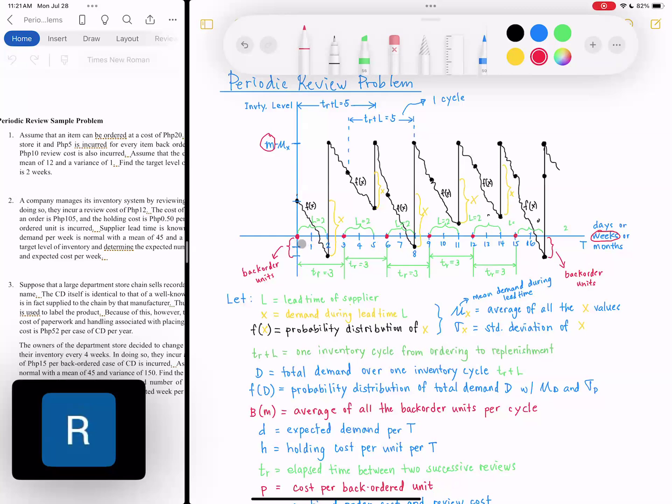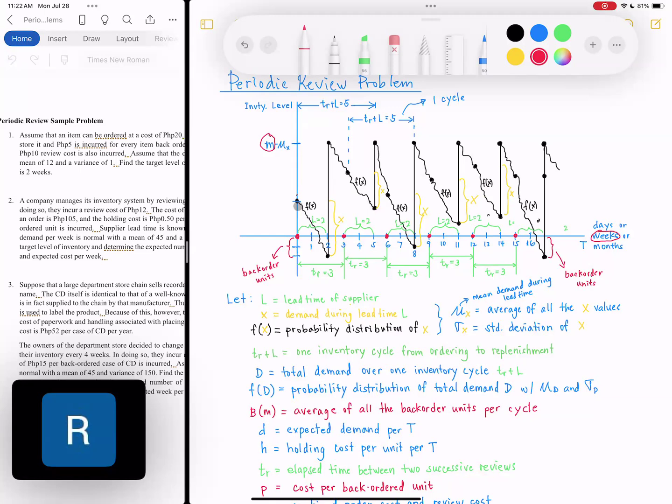So the 2-week period where you're waiting for your order to arrive, whatever demand happens there, everything in black, is your demand during lead time. Starting from the time the order was placed, coinciding with the review period, until the time the order arrives.